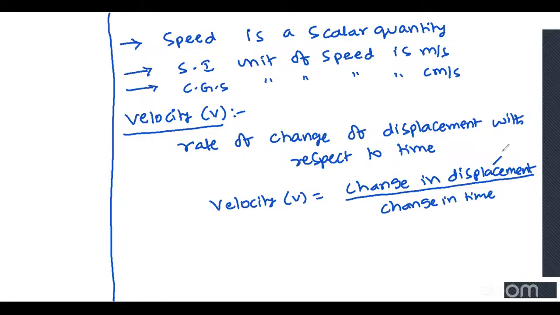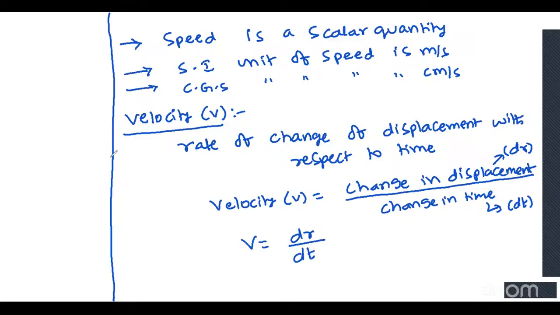Generally, displacement is indicated with r, so change in displacement is dr, and change in time is dt. So V equals dr by dt.